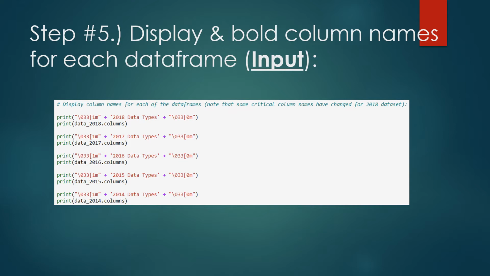You do that for each, and then you print data_2018.columns, and do that for each of the years, 2017, 16, 15, and 14. What that does is it bolds whatever's in the middle, which was the 2018 or 17, 16, 15, 14 data types string.